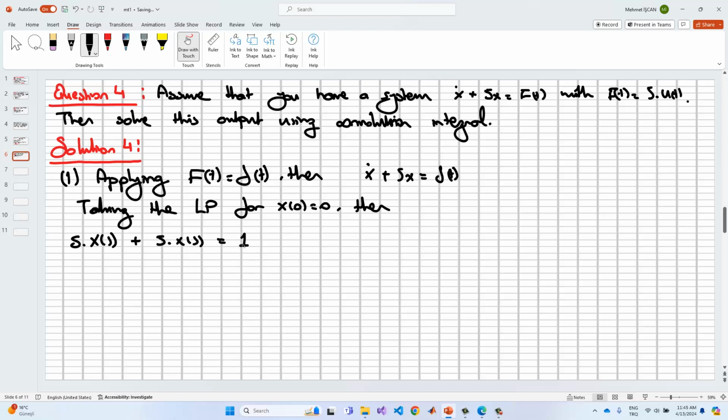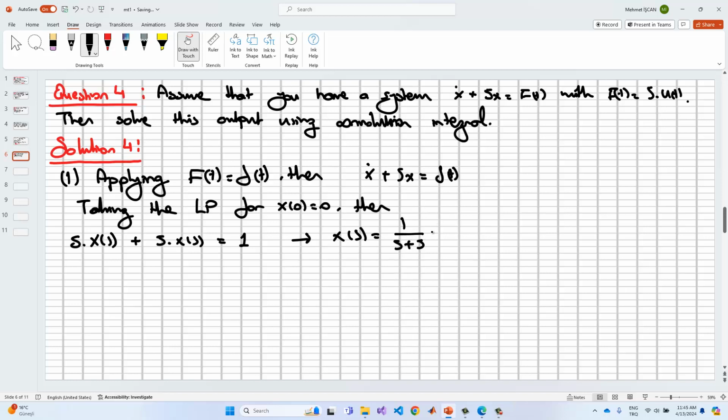Remember that we used the unit step in the previous example, but in the Laplace transformation, the Dirac function yields us 1. Okay, and so X(s) is 1 divided by s plus 5.